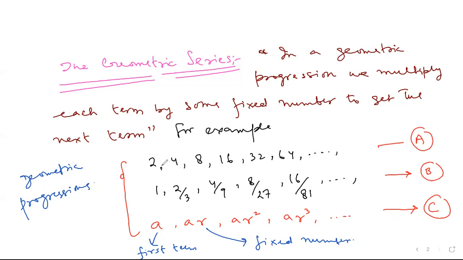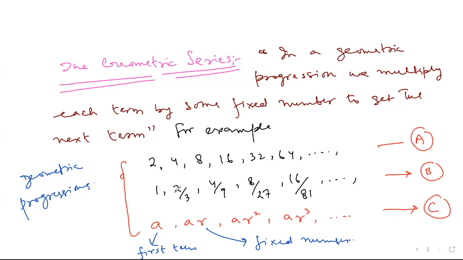In the first case, that is the first example, example A, that fixed number is 2. So you see your first term is 2, then you multiply 2 with 2, you get the second term 4. You multiply fixed number 2 with the second term, that is 4, you get 8. You multiply 8 with 2, you get 16. You multiply 16 with 2, you get 32, and so on.